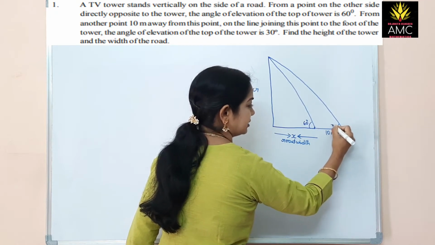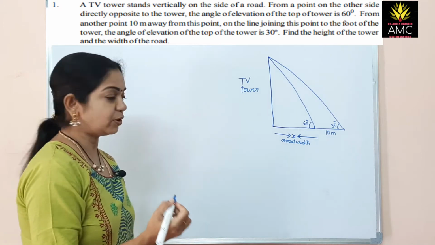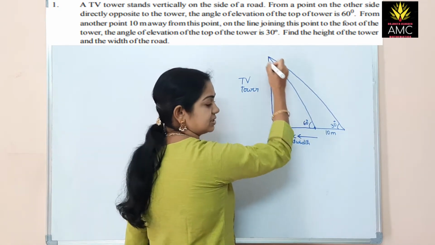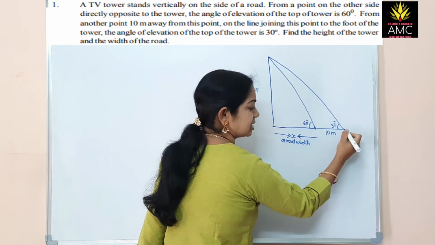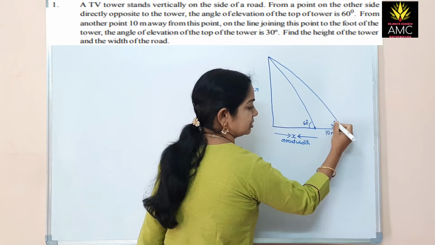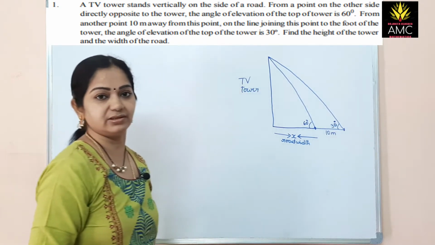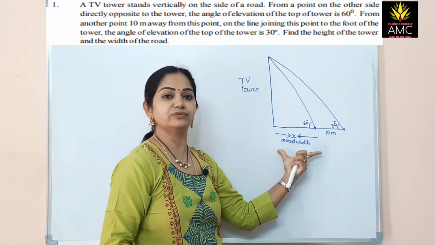The point of observation from here, when observed to the top of the TV tower, was 60 degrees. After moving 10 meters, this is 10 meters, observation from this point gives the angle of elevation as 30 degrees. Now, asked is the height of the TV tower and the width of the road.